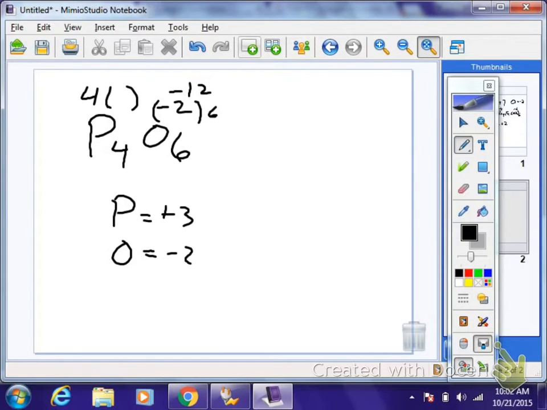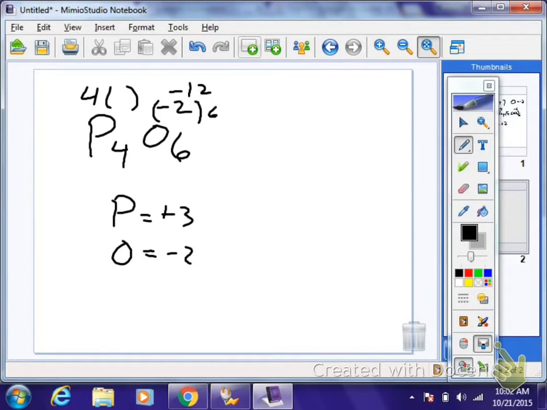Phosphorus, on here, P, there's no negative. Is it just 3? On this one there isn't a negative. Yeah, make it a negative. Put a negative in front of it. Okay? Can it, yeah, it can be a +3.